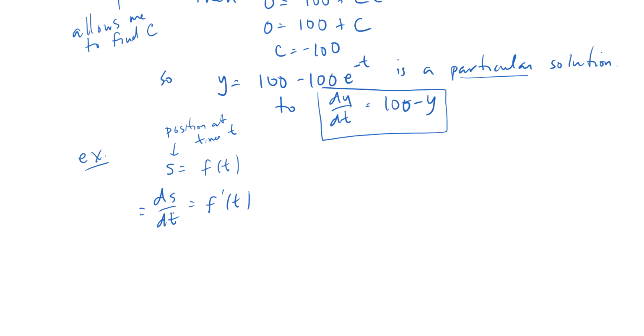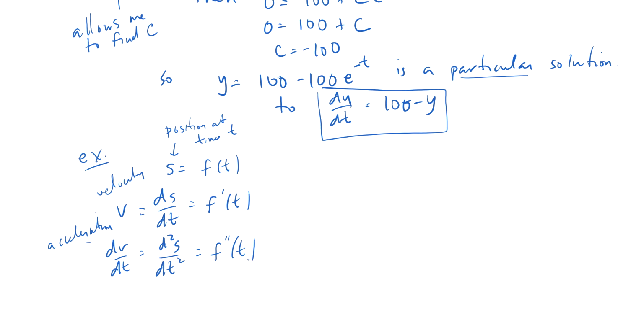Well, this is the rate of change of my position, which is my velocity. So that's velocity. And then I know if I take the derivative of velocity, dv dt, that's my change of velocity, which we call acceleration, which is the second derivative with respect to t.